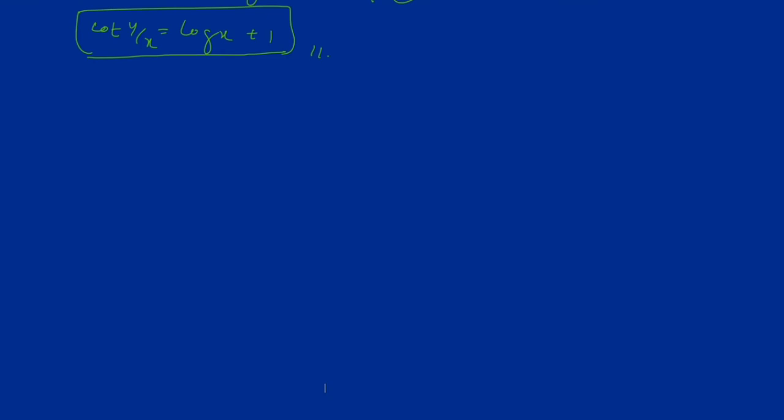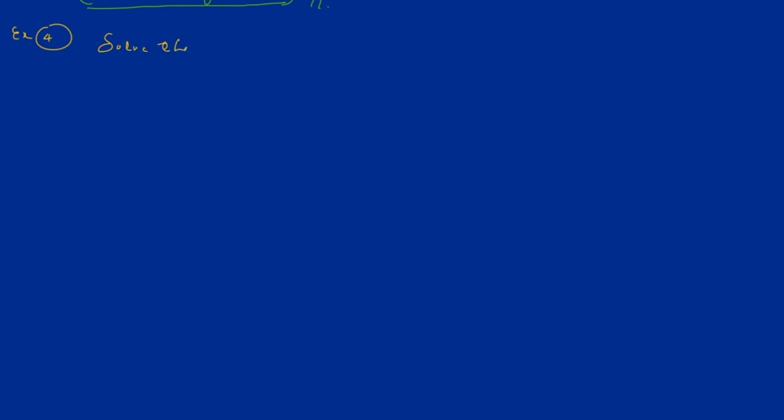Today we conclude with this example of the homogeneous differential equation. So it is example 4 here. Solve the differential equation dy by dx minus y by x plus cosec y by x equals 0, right?